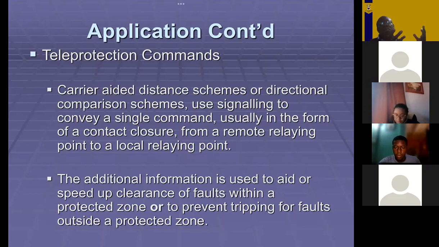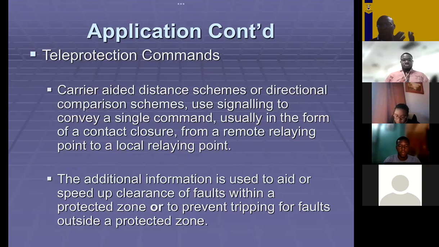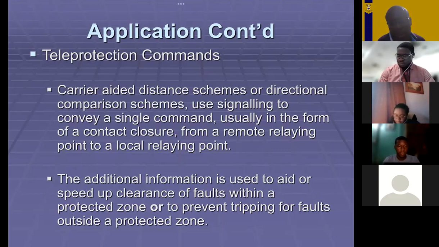In a sense, by sending the signal, we are providing that inter-tripping, permissive tripping, all of that we looked at, as against blocking. So it can prevent tripping for faults outside the zone, and it also facilitates faster clearance. All of what we are saying has to now be tied back with the schemes that we looked at last week.